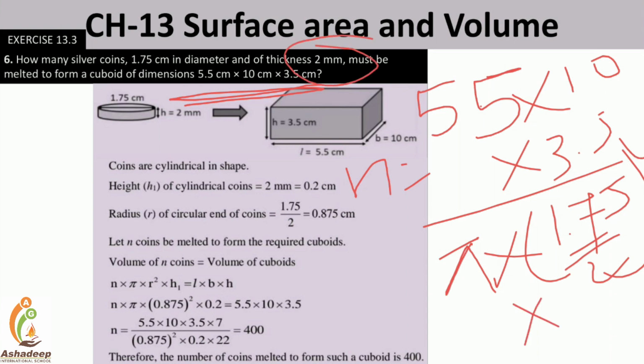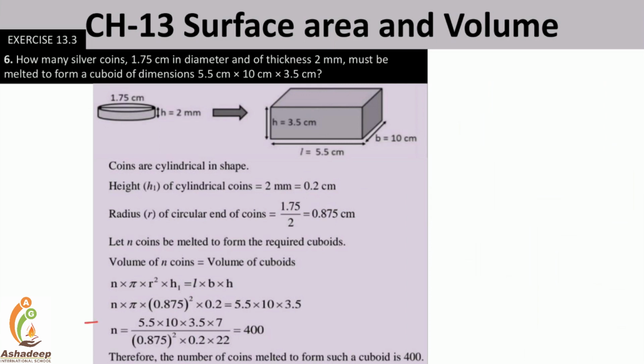So h is nothing but 2 millimeter. So we need to convert the millimeter into centimeter, because all the quantities must have the same units, right? So here 0.2 centimeter, or you can say 2 divided by 10, right? So this is the thing written over here, right? Simplify it and you will get the answer 400.